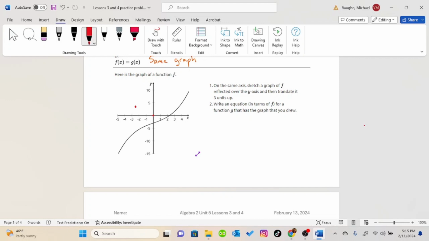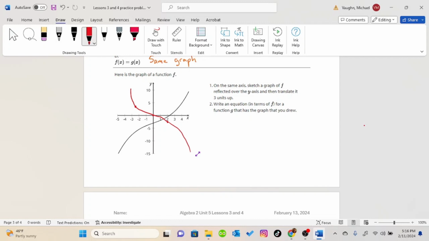Reflected across the y-axis would mean take it to positive 2, negative 5, and then translate it up 3 would put a point right about here. So now what I have, we're going to see the line come up, and then it's coming down.